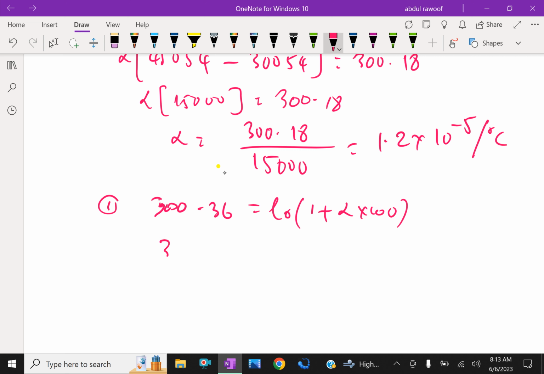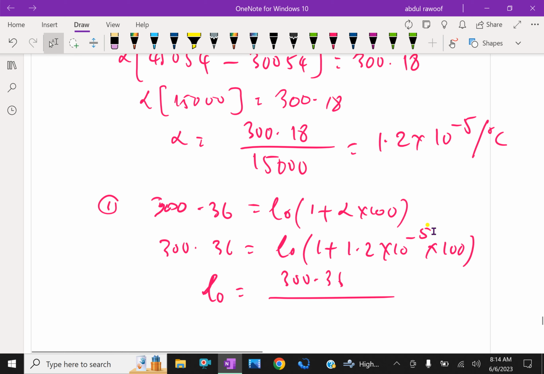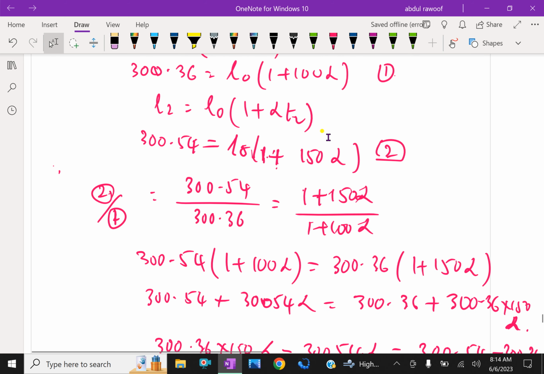Therefore 300.36 equals L0 into 1 plus 1.2 into 10 raised to minus 5 into 100, which gives L0 equals 300.36 over 1.0012, which gives 300 centimeter. Therefore, the length at 0 degrees Celsius is 300 centimeter.